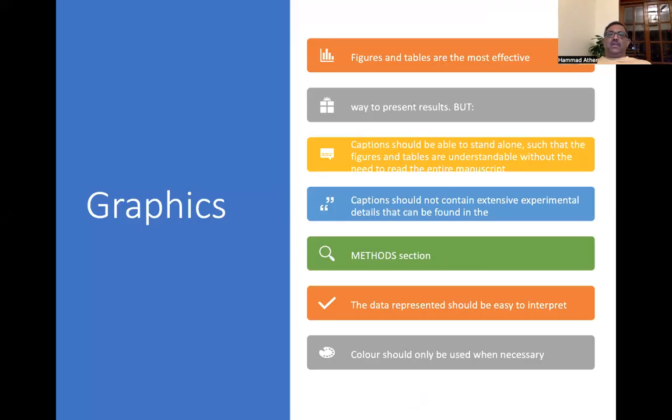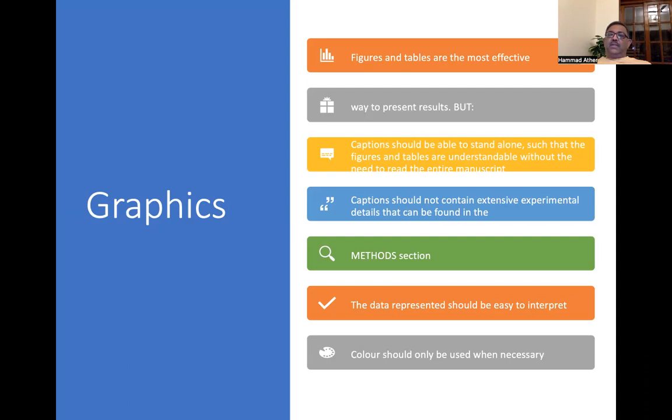So in terms of graphics, the figures and tables are more effective ways to present results, but the caption should be able to stand alone, such that the figures and tables are understandable without the need to read the entire manuscript.